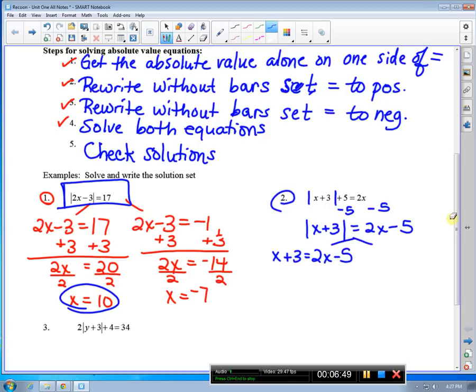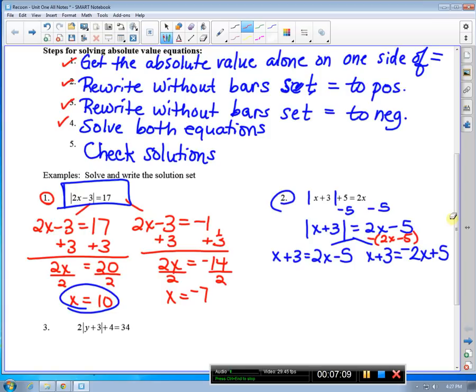And rewrite without bars equal to the negation of this side. So negation of 2x, negation of negative 5 is positive 5. So you end up doing negative of 2x minus 5.